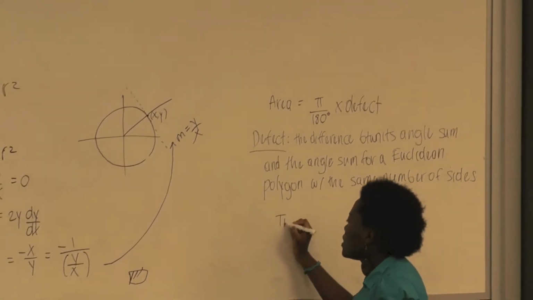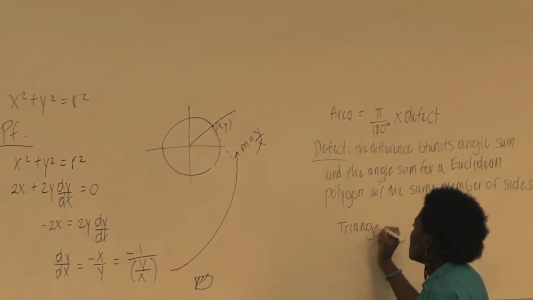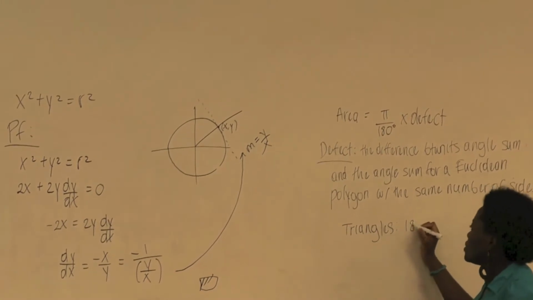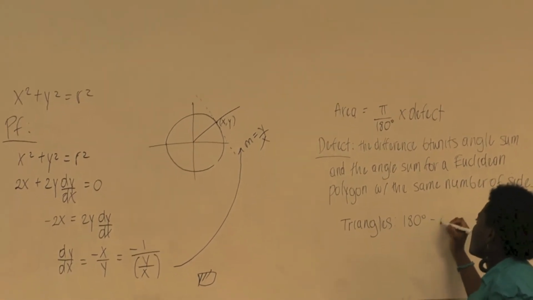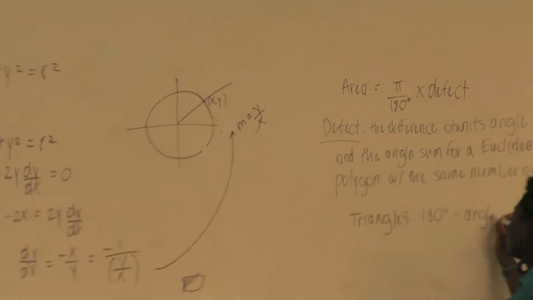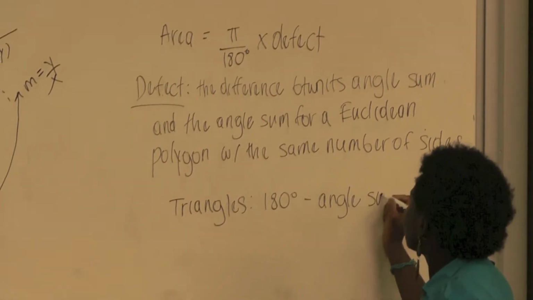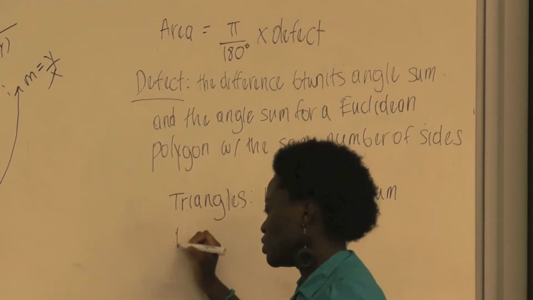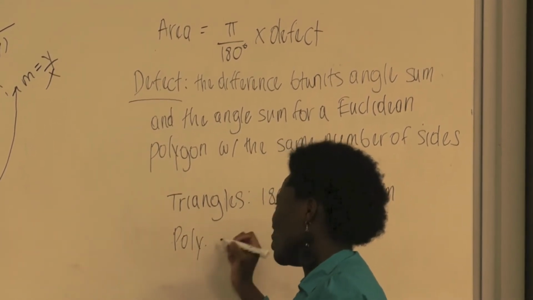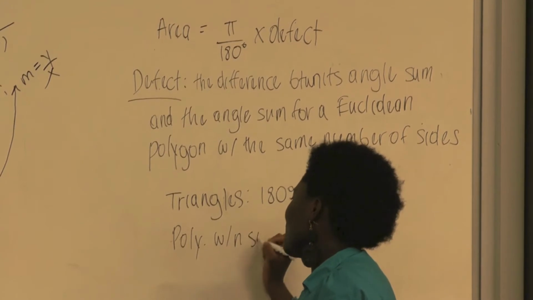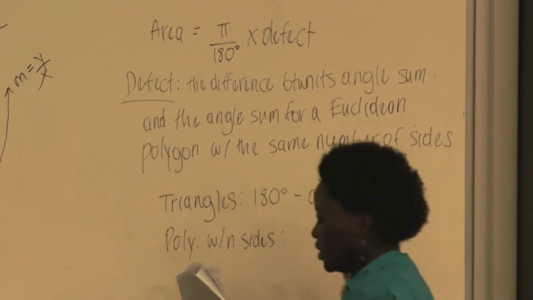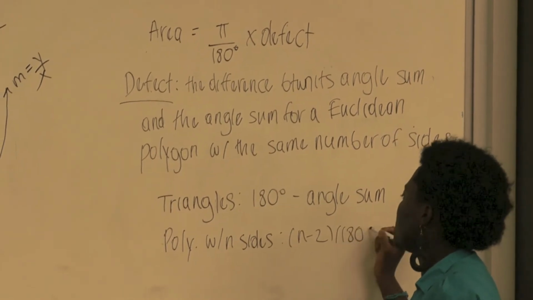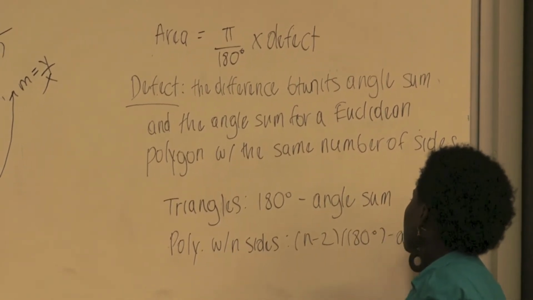So for triangles, we have that the defect is 180 degrees minus the angle sum of the triangle. And then for polygons with n sides, we get that it's just (n minus 2) times 180 degrees minus the angle sum.